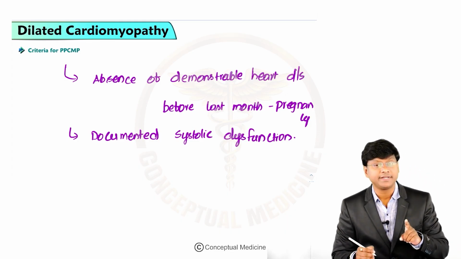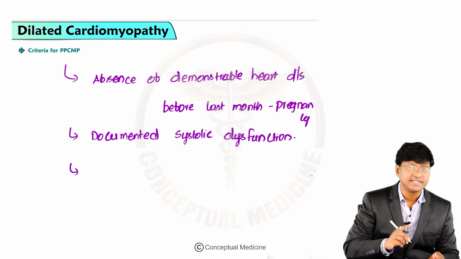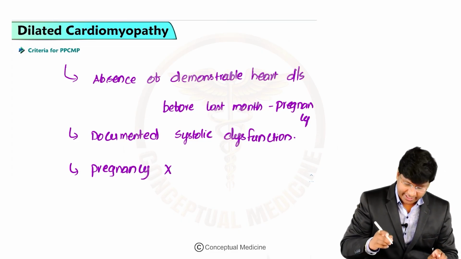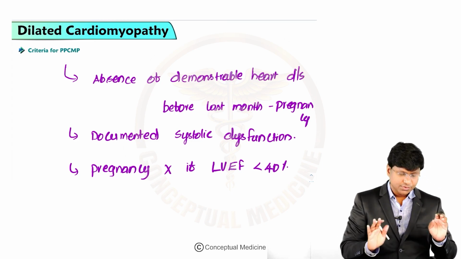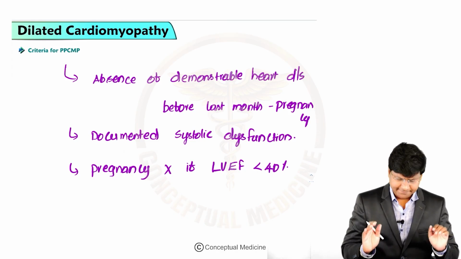And next important thing, pregnancy must be avoided if left ventricular ejection fraction is less than 40%. Okay, so that is about the criteria of peripartum cardiomyopathy, right?